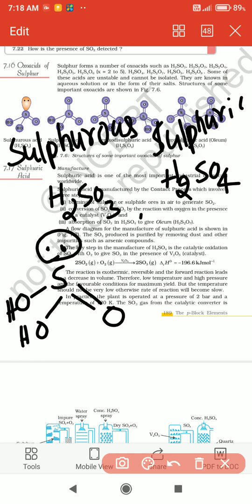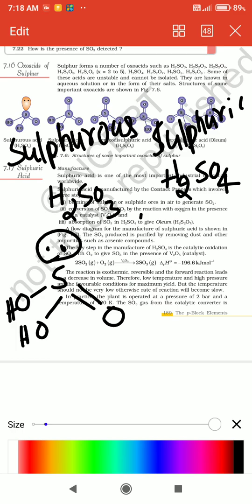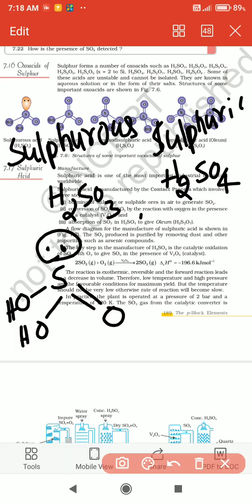This is the structure of H2SO3. The sulfur valence electrons are 6, so 1, 2, 3, 4, 5, 6.